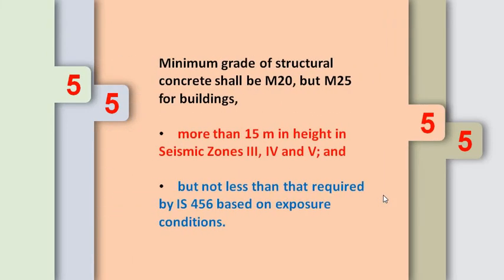Then the minimum grade of structural concrete shall be M20, but M25 for buildings more than 15 meters in height in seismic zones 3, 4 and 5, but not less than required by IS 456 based upon the exposure conditions.